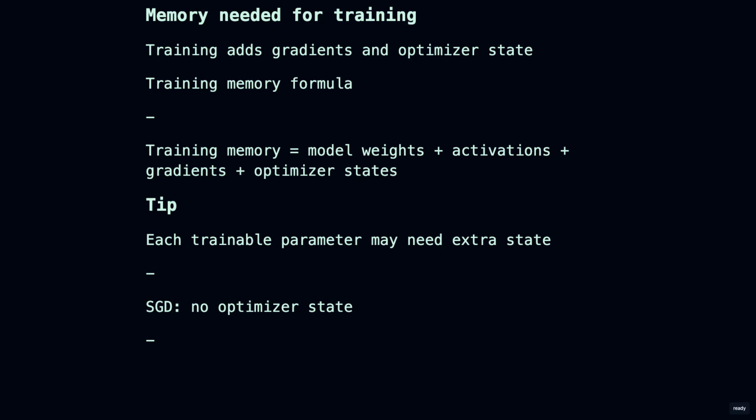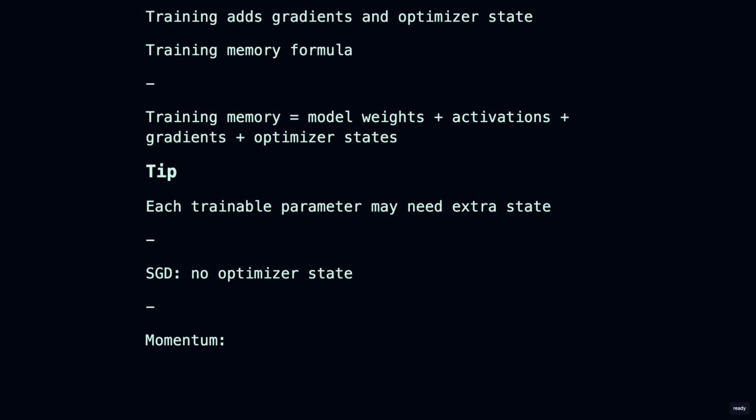Next comes momentum, which adds a small amount of persistent state. That extra value helps smooth updates over time. A momentum optimizer stores one extra value for each trainable parameter. That gives it memory overhead, but still less than more complex optimizers.